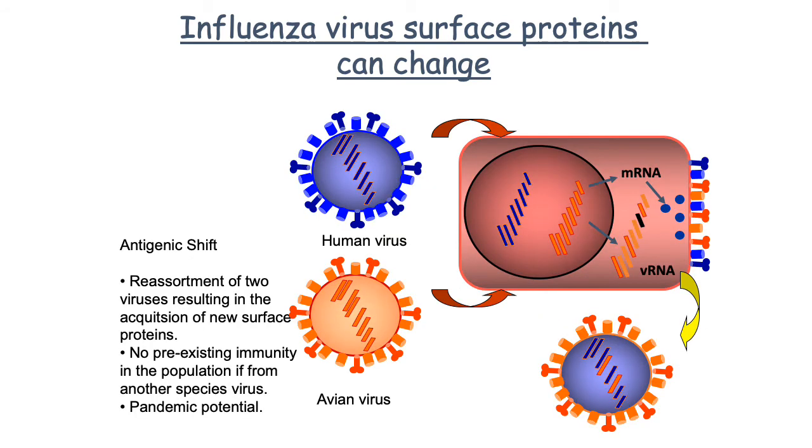The other thing that flu viruses can do, though, is antigenic shift. This is unique to flu viruses. HIV and coronaviruses cannot do this. Flu viruses start out with their genome broken up into 8 different segments.